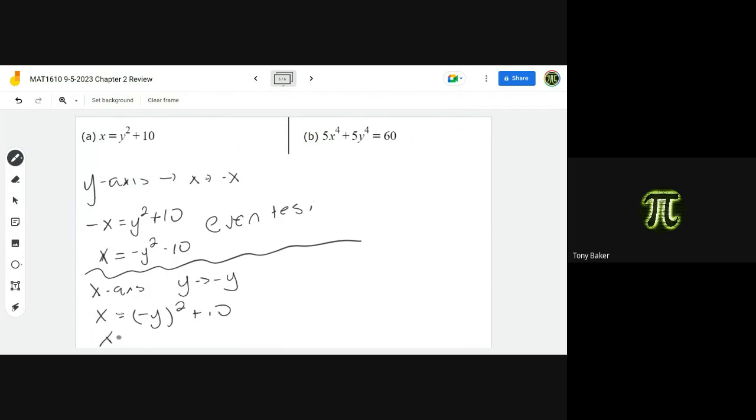So this becomes x equals y squared plus 10. Is that the same as what I started with? Yes. So it's symmetric here. That's close enough to symmetric.